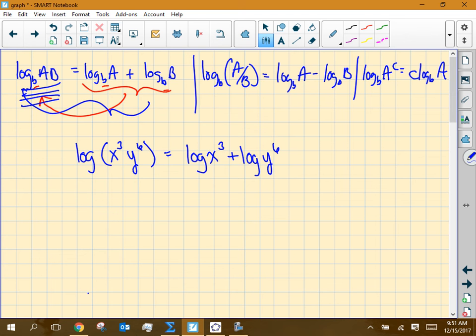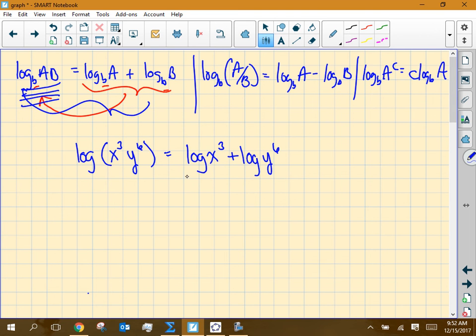Whenever I make an expansion, or whenever I condense it, I undo it to make sure that I've done it correctly. If I look at the right-hand side up there, that's log of a plus log of b, right? If I multiply those back together, x cubed and y to the 6th, do I get back to what I started with? Yeah. So once I do a step, I always reverse it and see that I get back to what I started with. And that tells me that I've done this correctly.